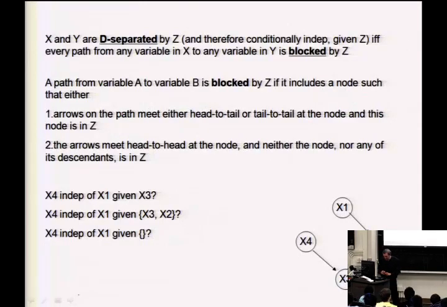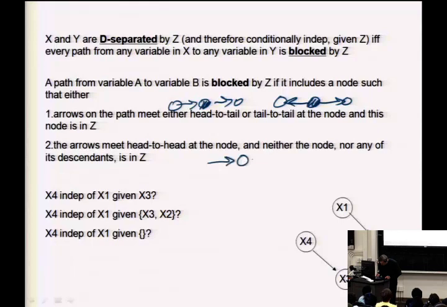Okay, so now I can ask, what about this? Is x4 independent of x1 given x3? No, because, again, it's either this or this or this collider, but now that had better not be filled in, meaning it better not be observed, and neither must any of its descendants.